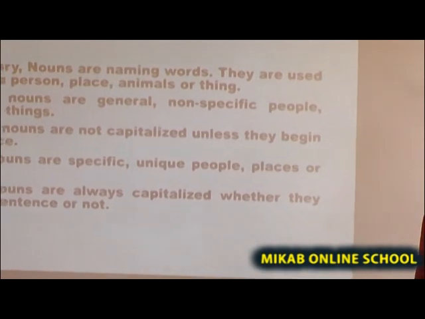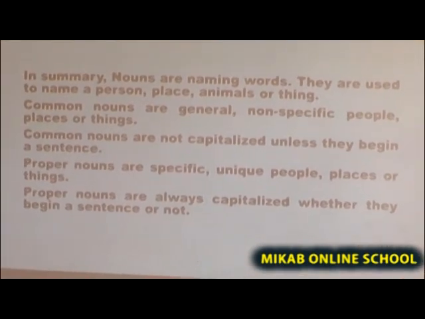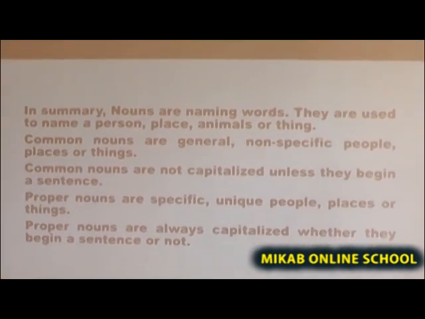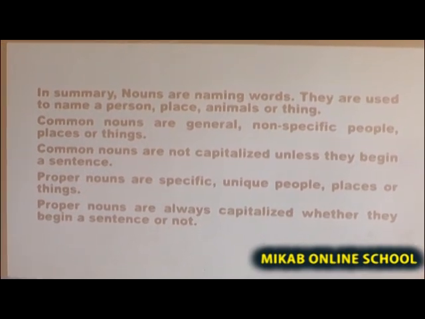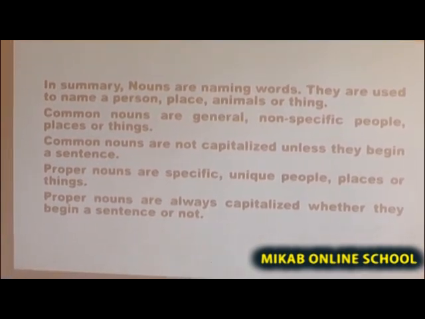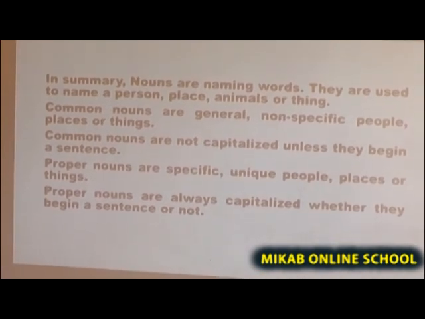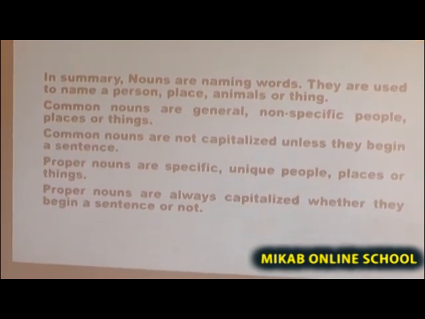Please, I want you to understand that word very well. Non-specific. It has not named the specific what? Person, place, or thing. People, places, or things. The first letter of every common noun is not what? Capitalized.